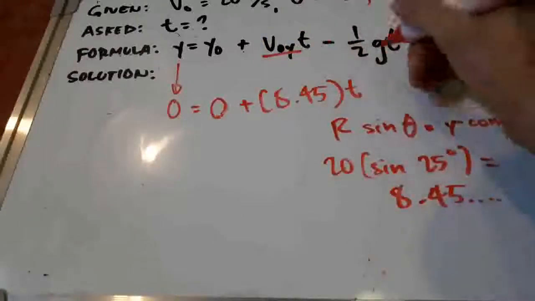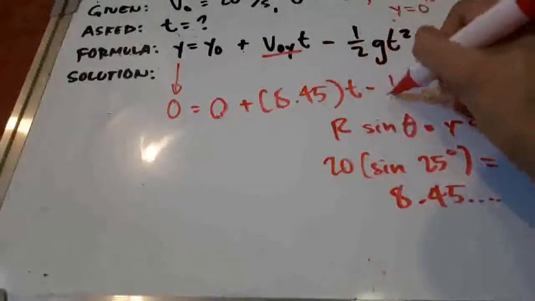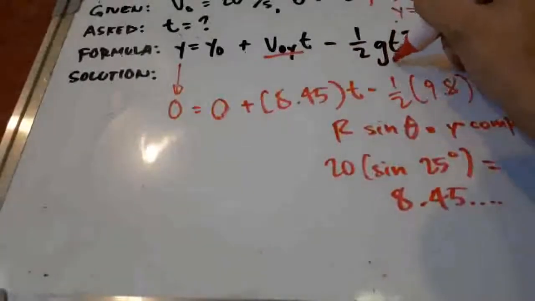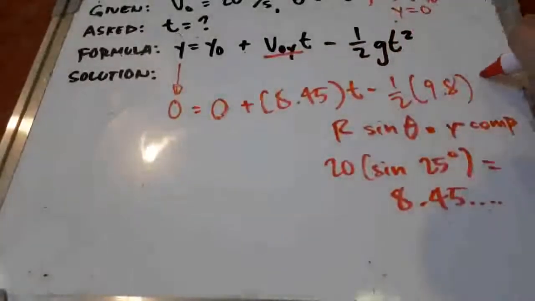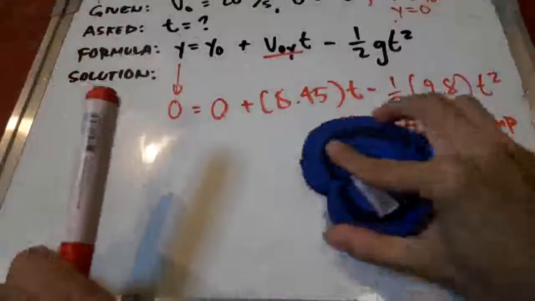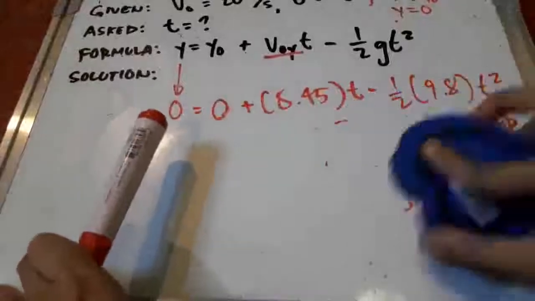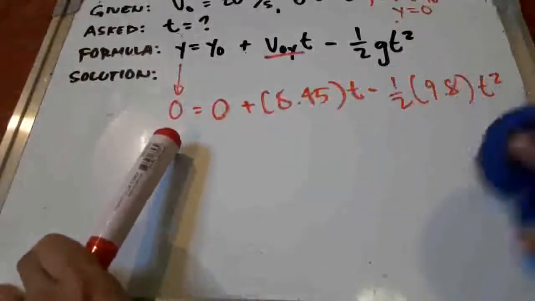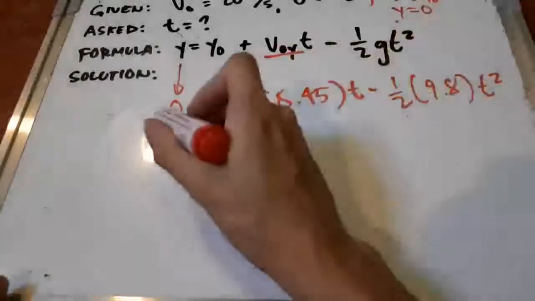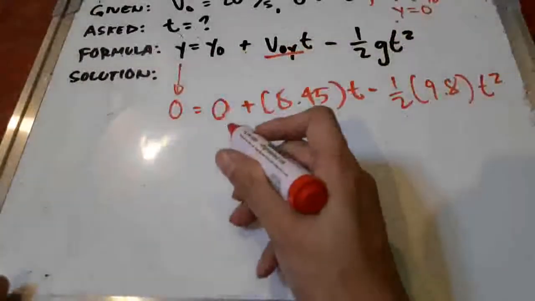8.45 multiplied by t. Again, we don't know t. Minus 1/2 of 9.8, which is our value for gravity, and our time squared. Okay, so this is our initial equation that we will have to simplify. If you remember your quadratic equations, it becomes much simpler now that we have 0 in this case.